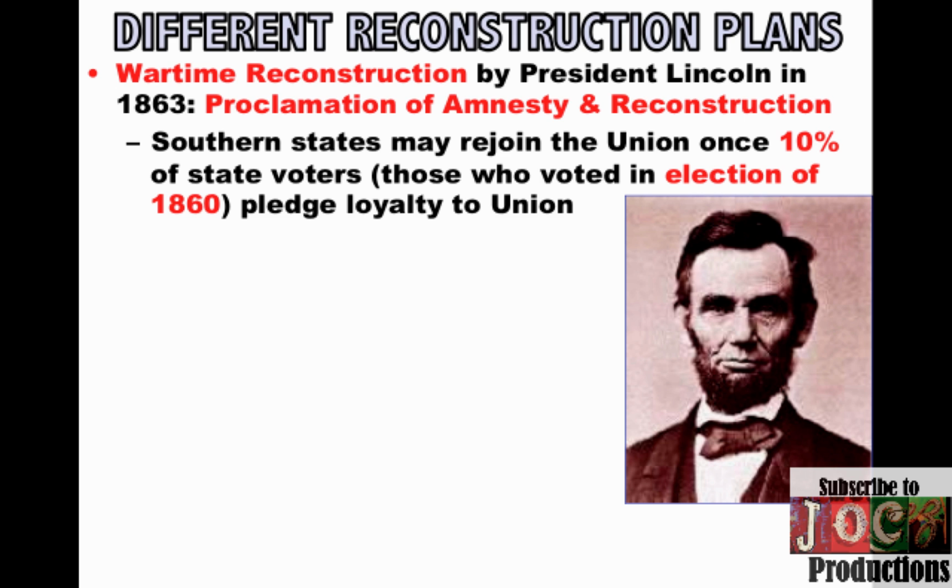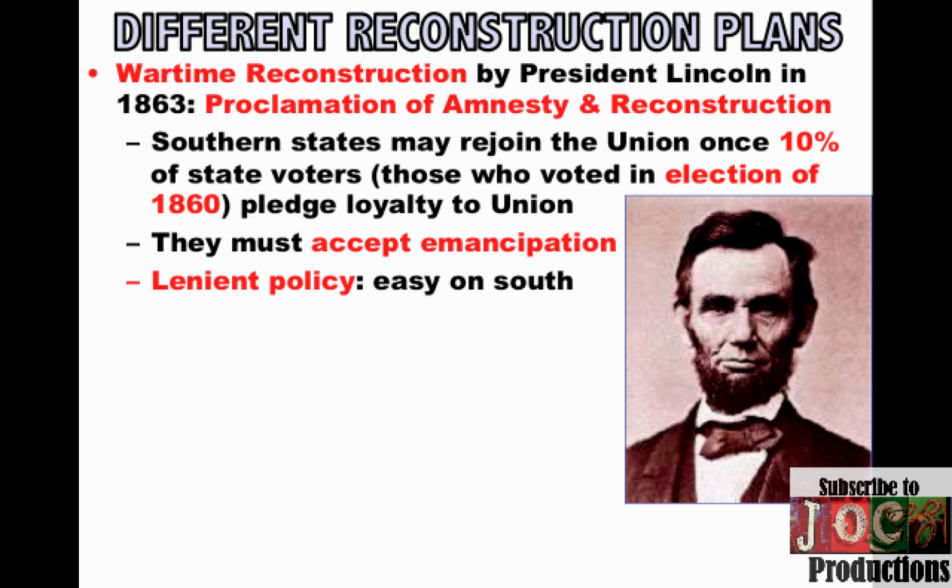Southern states may rejoin the Union once 10% of state voters, those who voted in the election of 1860, pledge their loyalty to the Union. The idea would be they have to accept emancipation, no more slavery, and once that 10% gives their oath to the Constitution and the Union, creates new state constitutions, they could be accepted back into the Union.